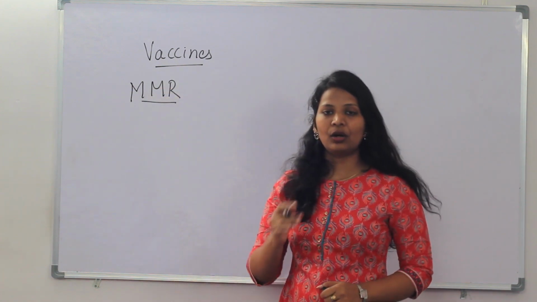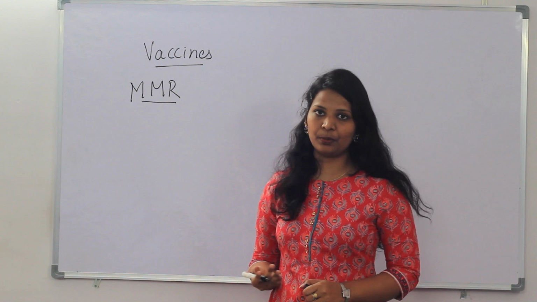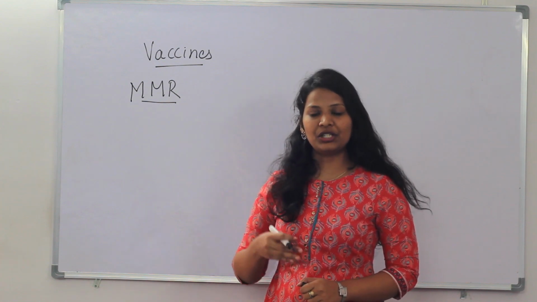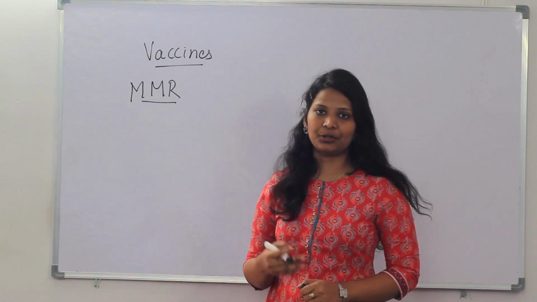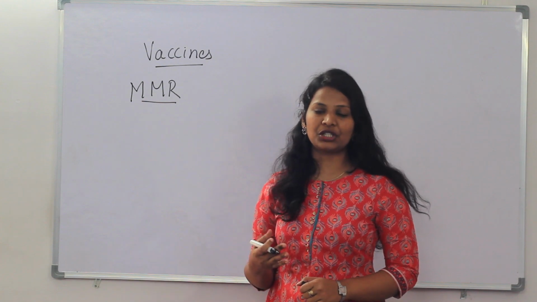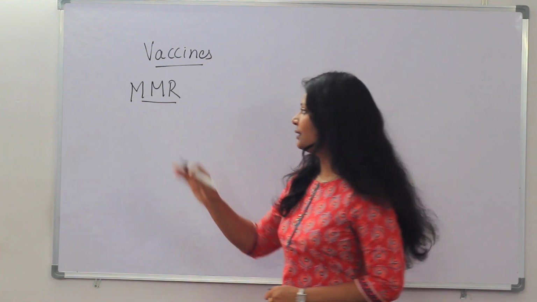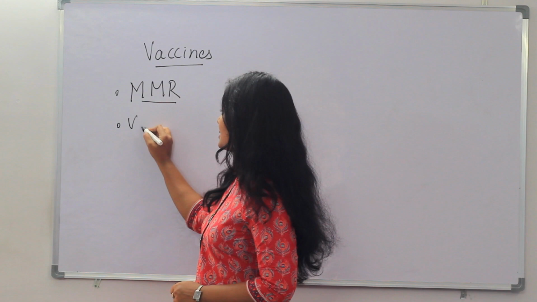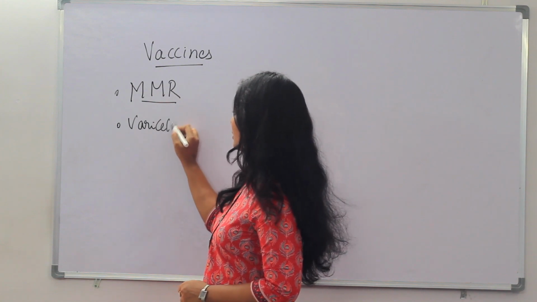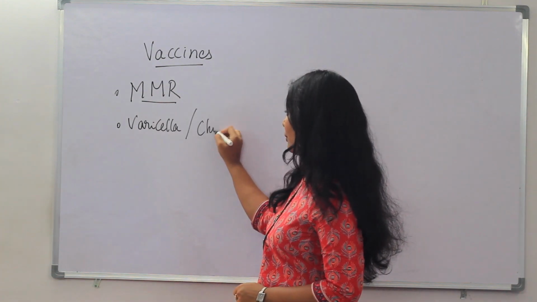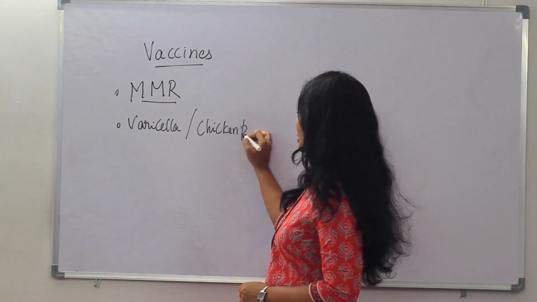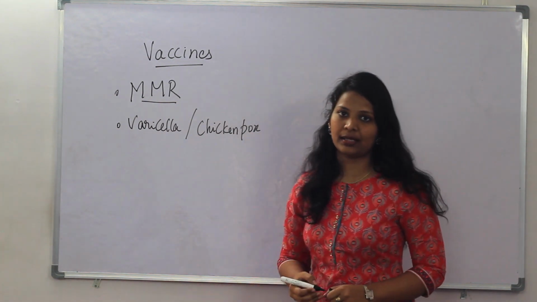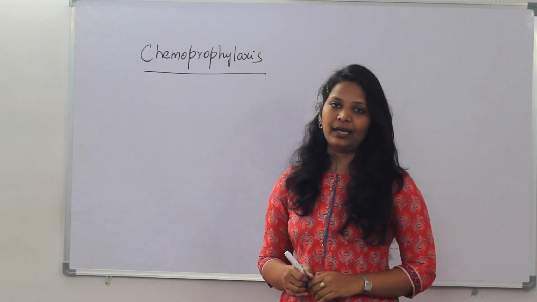This is a vaccine given against mumps, measles and rubella. The children who are potential to develop mumps, measles and rubella also have the potential to develop meningitis. And the other vaccine is the varicella vaccine, also called the chickenpox or shingles vaccine.